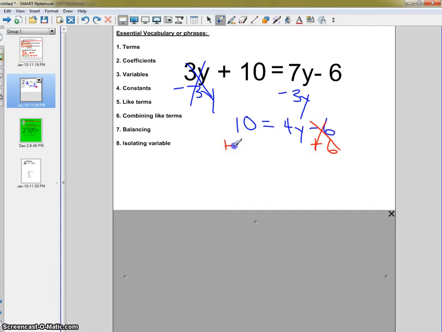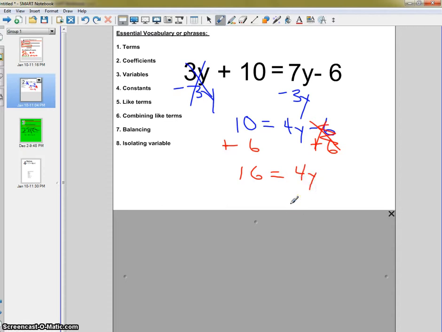I'm going to add 6 over here because I have to balance it. The reason I'm focusing on the 6 is because I want to keep the coefficient on this side, and I want to keep the constants on this side. So to get rid of the 6, I've got to add it, because minus 6 and plus 6 cancel out. It's the inverse, so I'm going to get rid of this now, and what I'm left with is 16 is equal to 4y, or 4 times y.